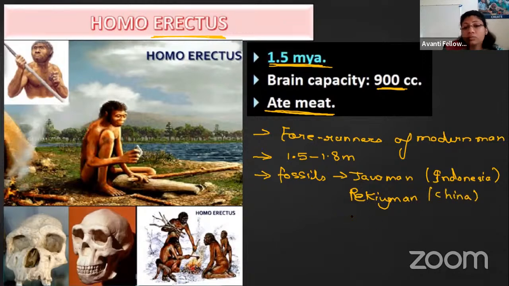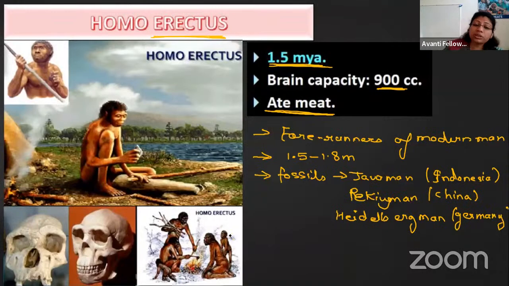And the third fossil we found as evidence for the Homo erectus is the Heidelberg man. They were found near Germany.